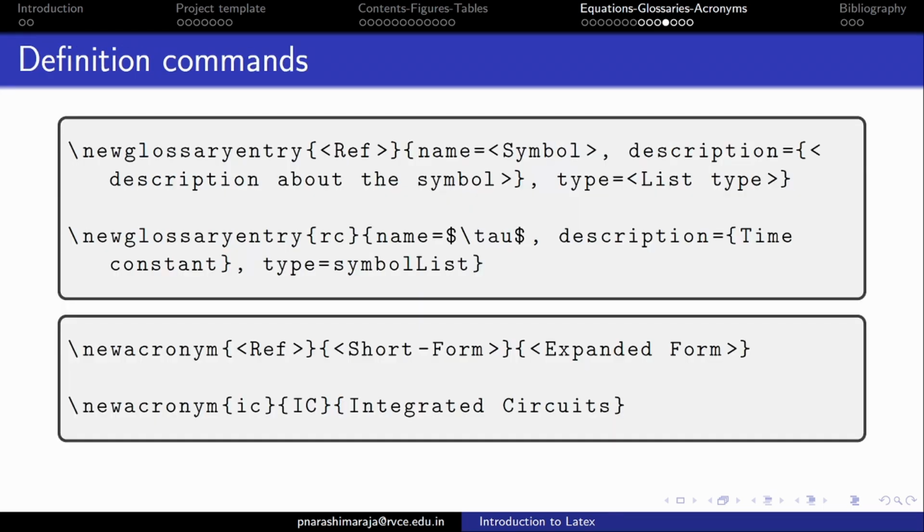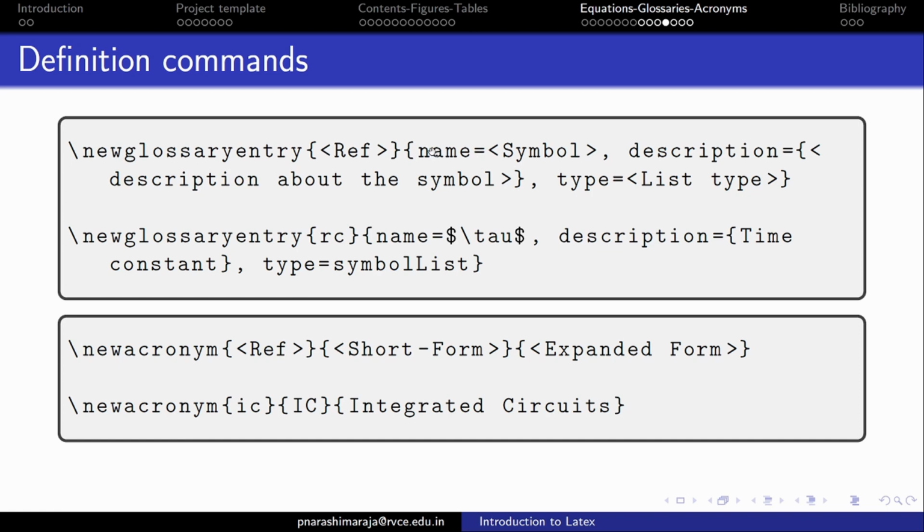Now let's look at the syntax of the definition commands along with an example. Inside this glossaries.tex file, one can define a new glossary with the following syntax, where the first parameter, the first curly braces, defines a reference name.